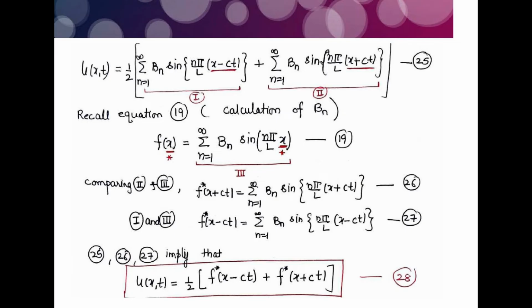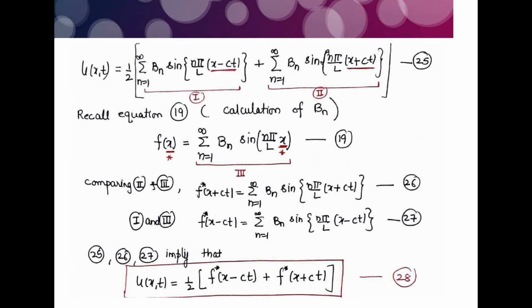Similarly, in equation number 19, replace x by x minus ct. We will get the first expression in the summation part in equation number 25. See the right hand side of equation number 27, and using equation number 19, this will be equal to f of x minus ct.